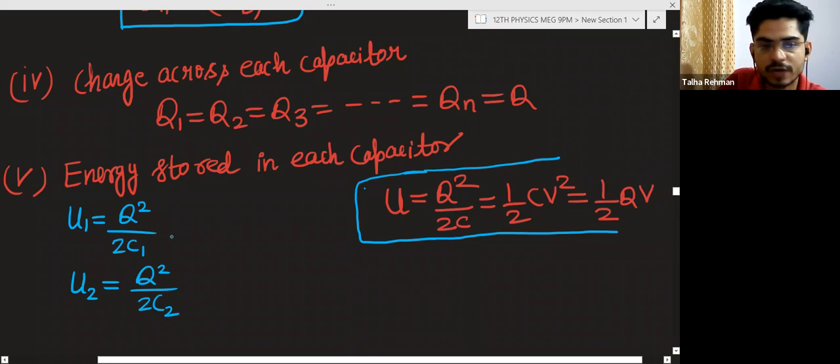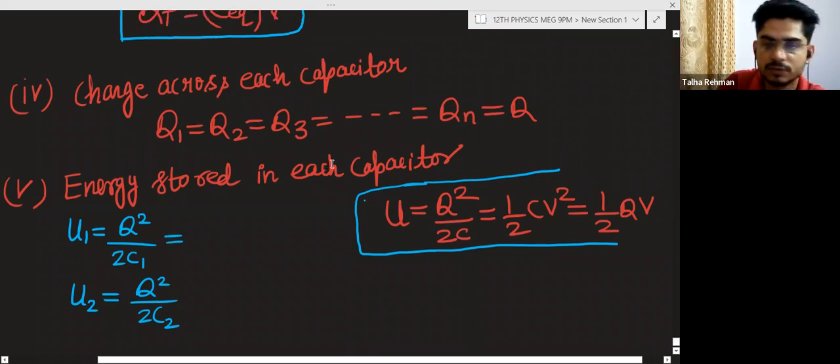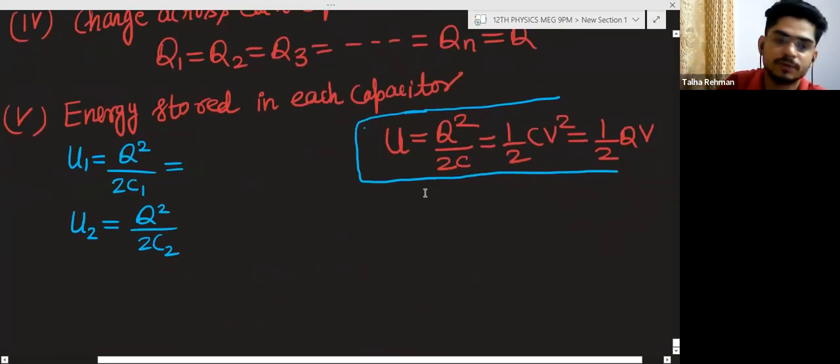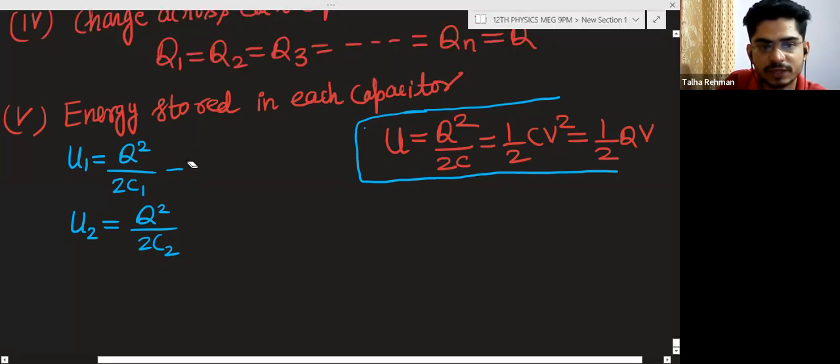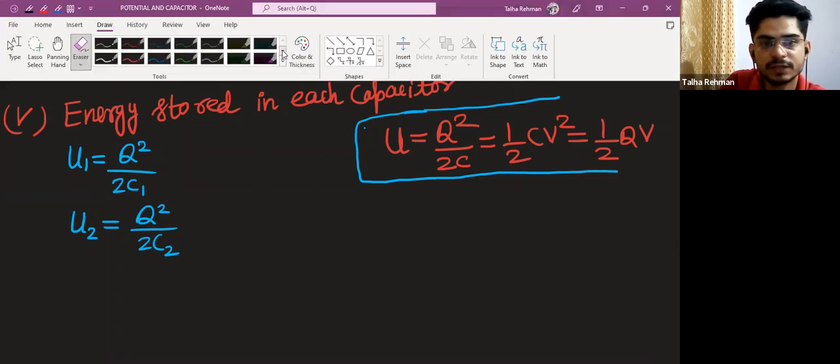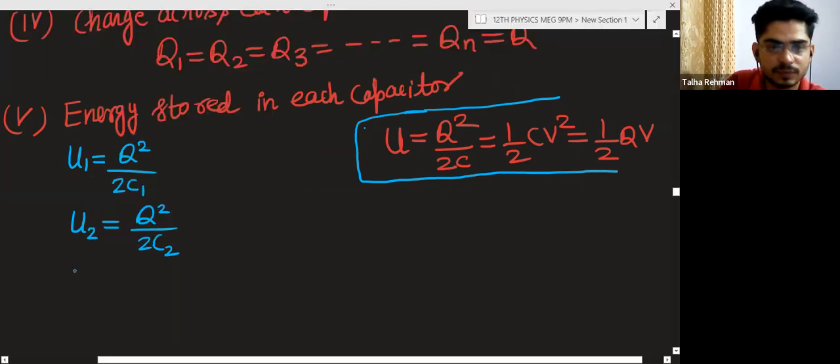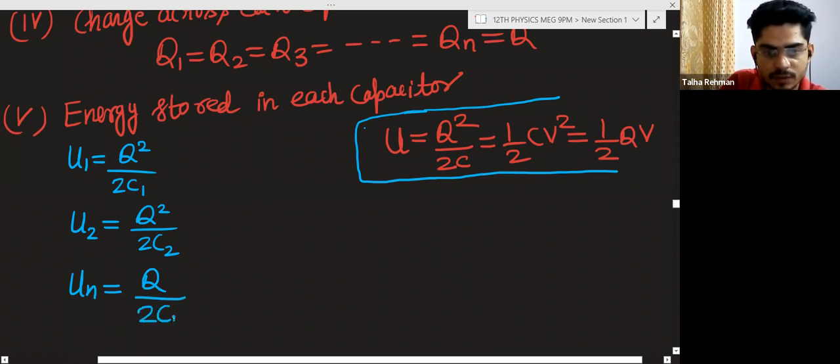And you can also write this as Q1 into V1 by half. I'm just telling you that you can calculate the energy in this way also. So accordingly, you can calculate the energy for the nth capacitor. Charge is the same.